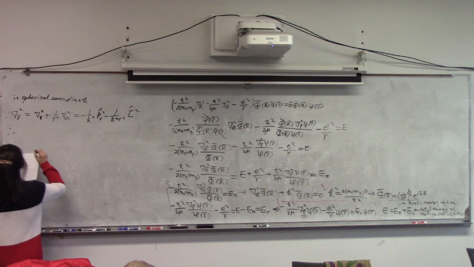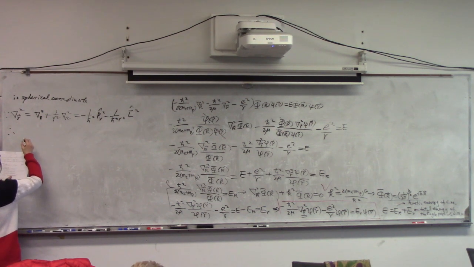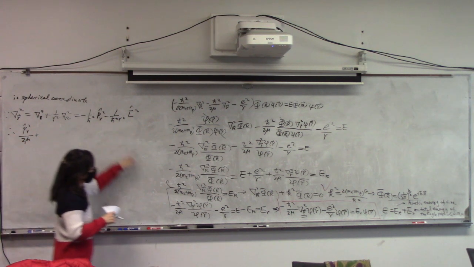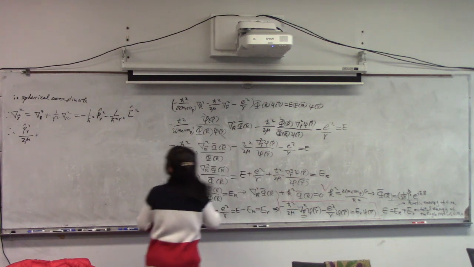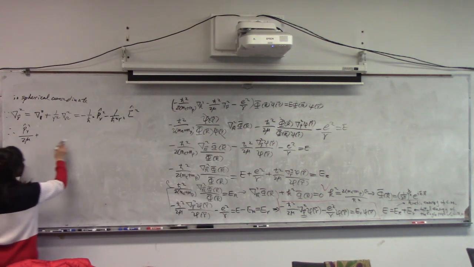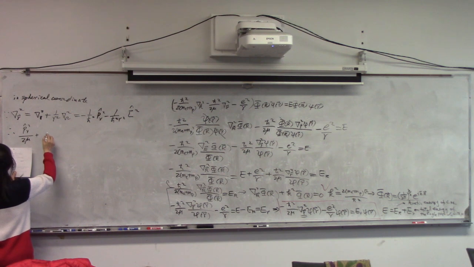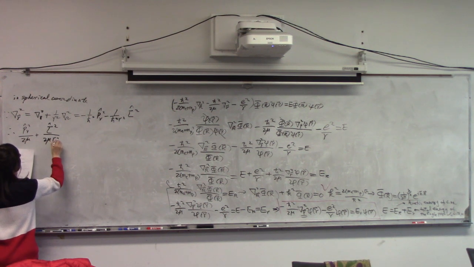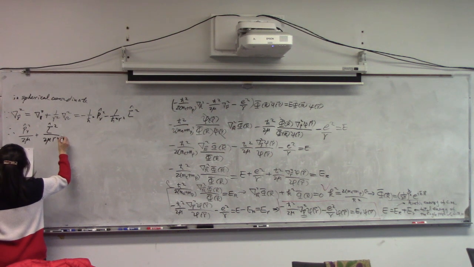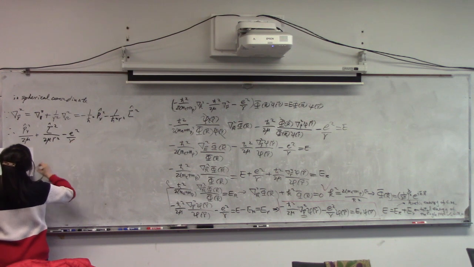So that is the radial part kinetic energy over 2 mu, plus, minus a plus here. This one has angular momentum, the h bar cancels, so we have plus angular momentum. Just to remind you.